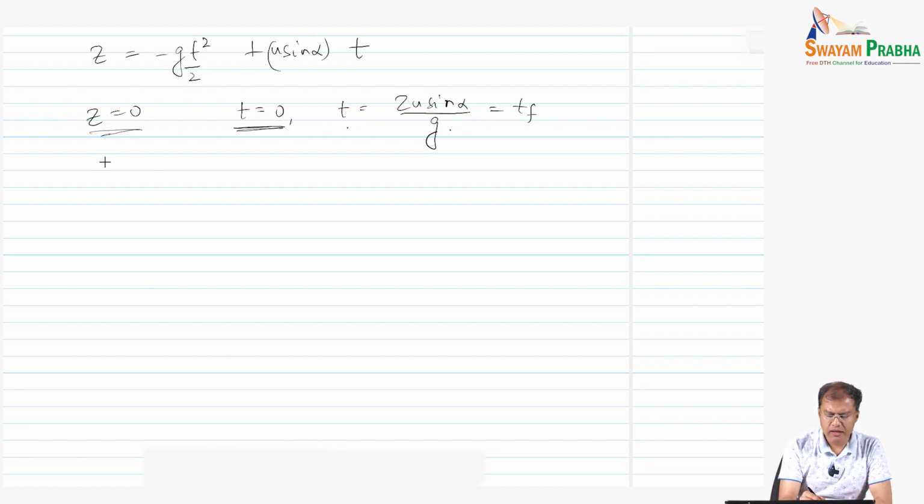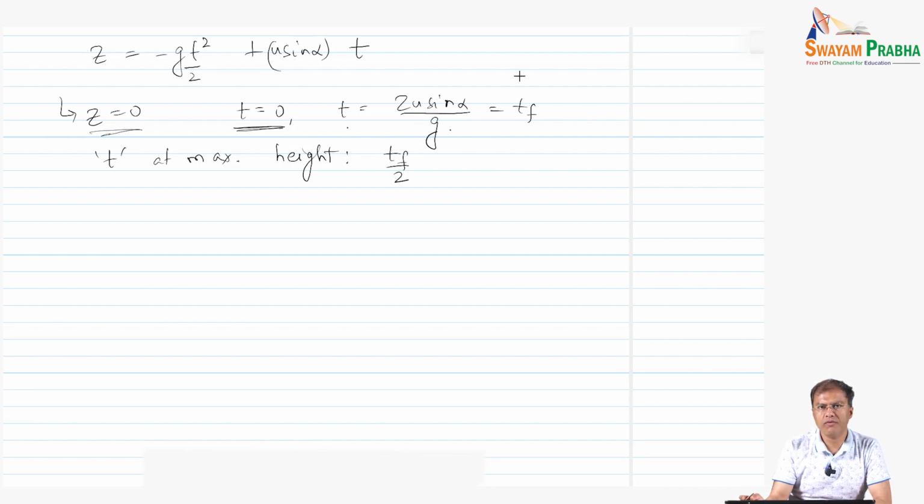And then the time at maximum height would be half the time of flight. That is, the first half it takes to reach the maximum height, and the other half it takes to travel back the same distance, right?